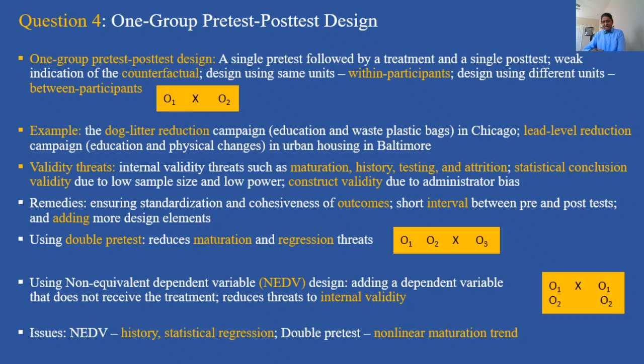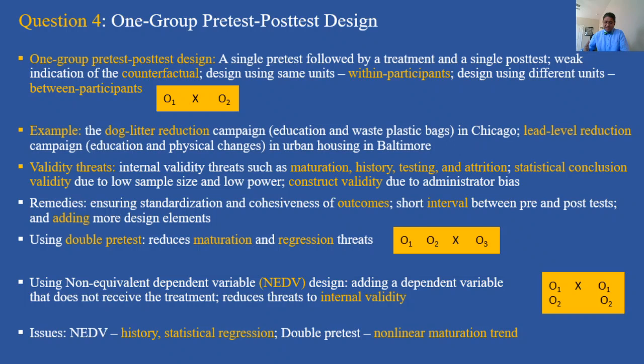So, what are the validity threats in this design? This design is supposed to be plagued with several threats, as was proved in the LEAD program as described in the book with evidence. So internal validity threats such as maturation, history, testing, and attrition were seen.